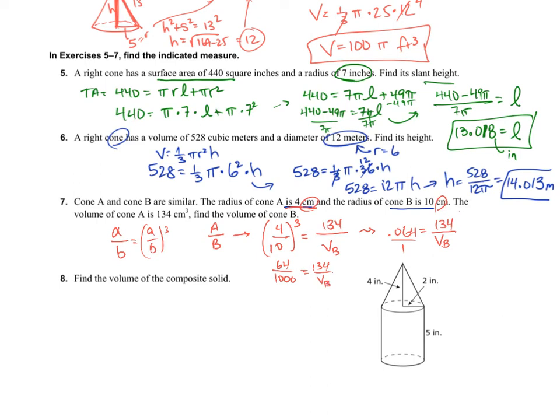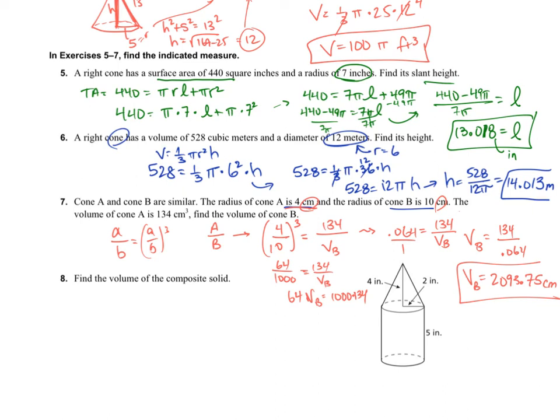So if it bothers you what I did, just do it this way. Regardless, the volume of B is going to be 134 divided by 0.064. Just like if I did here, it'd be 64 times the volume of B equals 1,000 times 134. Solve it from there. So your final answer will end up being 2093.75 centimeters.